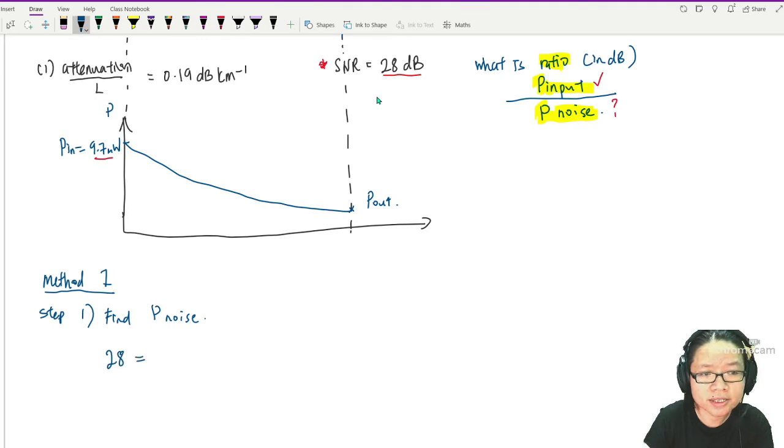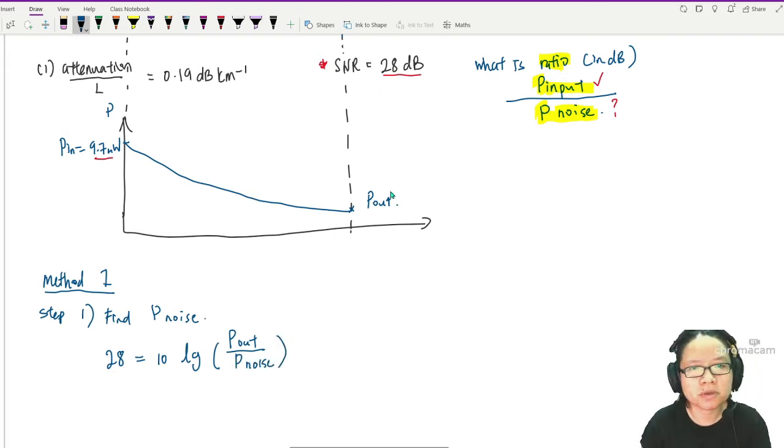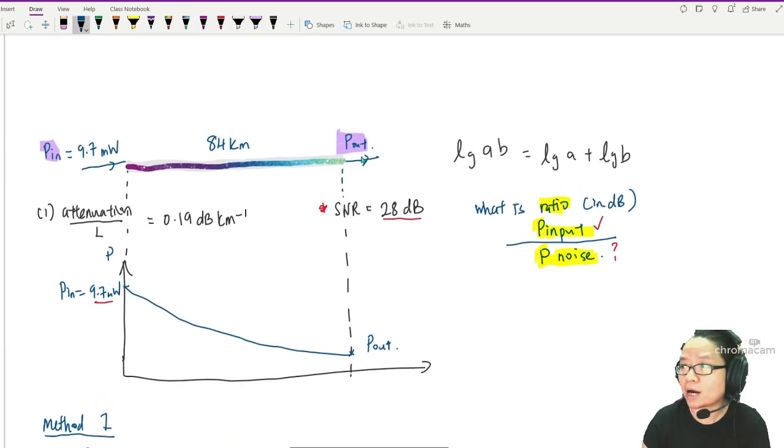So 28 is equal to 10 log signal, so this is the P out over P noise. But we have a problem because we don't have P out. So we need to find P out first.